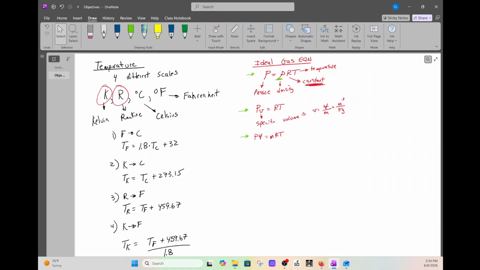We use these ideal gas equations quite often, which relate pressure, density, temperature. One equation is P equals rho RT. The next one is Pv equals RT, where the little v is specific volume. And then we have the last one, which is PV equals mRT.